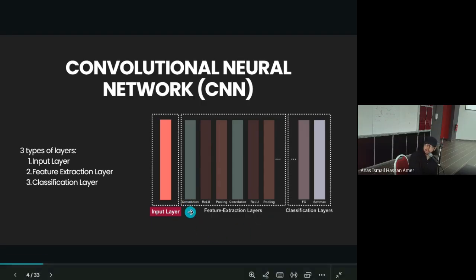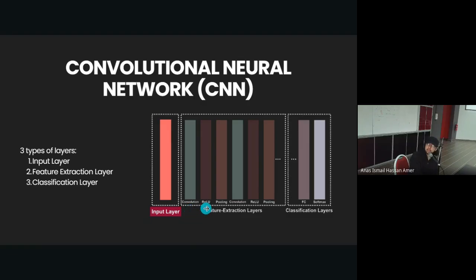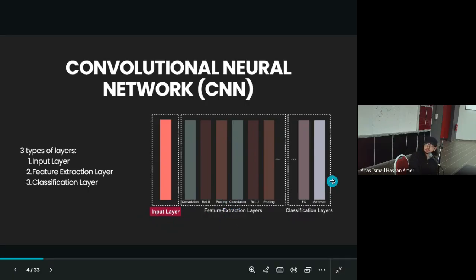So it consists of three main parts: the convolution itself, and then an activation function. ReLU, if you remember from the last session, is an activation function, which basically eliminates all the negative values, turns them to 0, and anything positive will remain the same. And then you also have a pooling layer. I'll go into details for these layers in the upcoming slides.